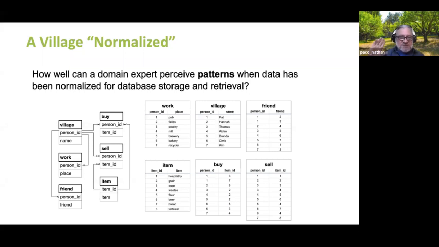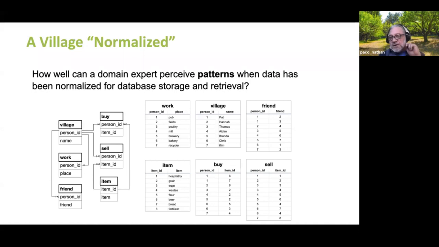Because this data has been normalized for database storage and retrieval, and it has been blessed by the gods of relational databases. And I'll throw that out as a question for discussion a little bit later on. But my experience has been that domain experts really struggle when they're looking at a bunch of foreign keys that are represented as integers, and the connections between the entities that we're trying to represent here just get lost.